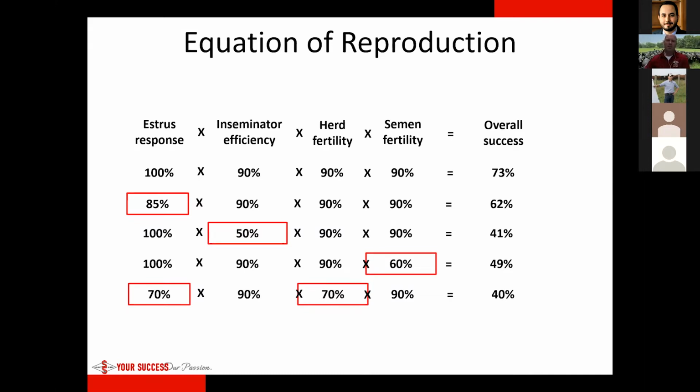One thing I want to touch on tonight is, if you're getting started with an AI program, maybe identify those prime candidates to start with the first year to get some success under your belt. But also, like Jordan just mentioned in the last presentation, for optimal reproduction all of those cows are probably going to benefit from a synchronization program to get them to breed back quicker in the breeding season, and then potentially calve early in the subsequent calving season.